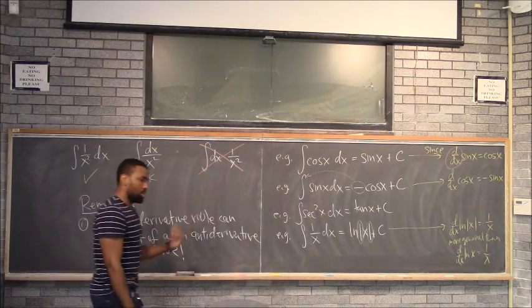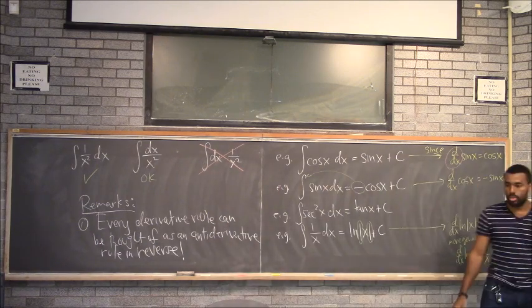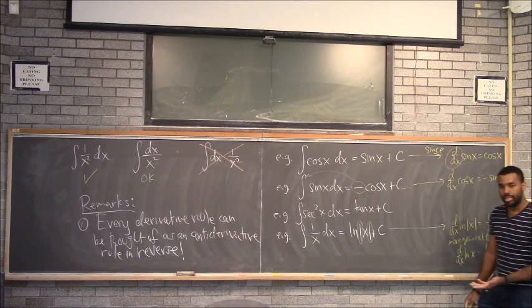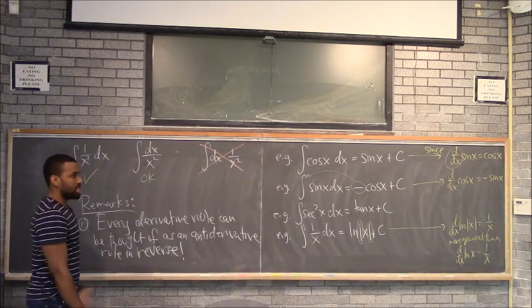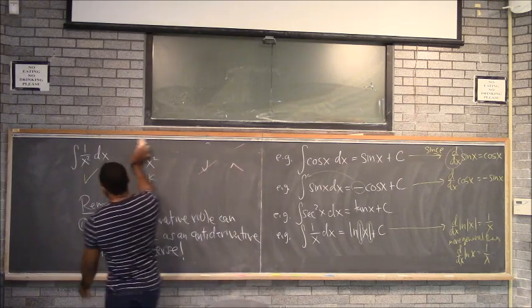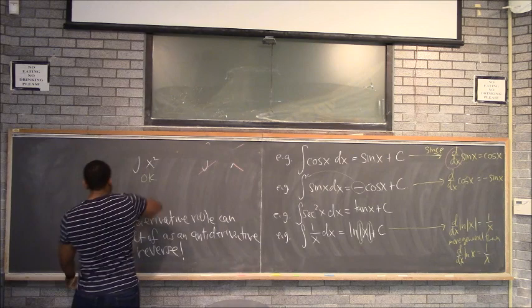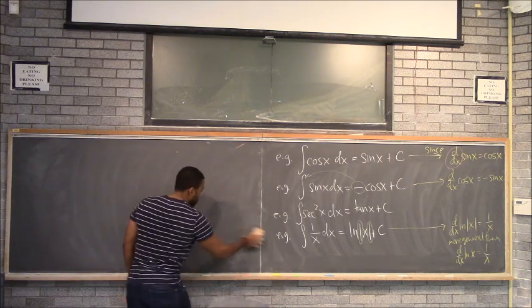So yeah, pretty much all the derivatives I was telling you before, you can look at them backwards and you automatically know an antiderivative. Now, when the functions get more complicated, it's harder to play this game. And so there are a lot of techniques and formulas that we would come up with to make it easier to just reverse a derivative rule.